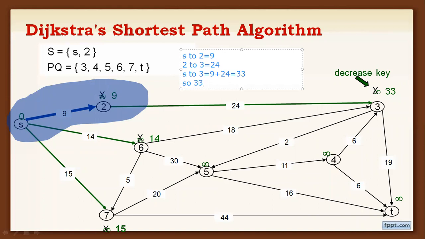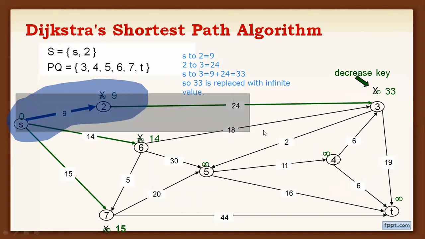So 33 is replaced with infinity. 33 is replaced with the infinite value here. So this happened in the first scenario here.